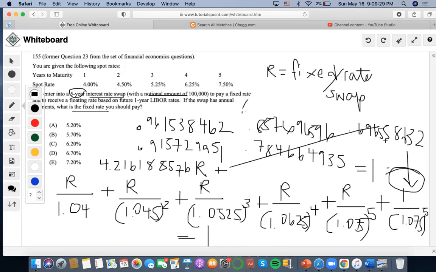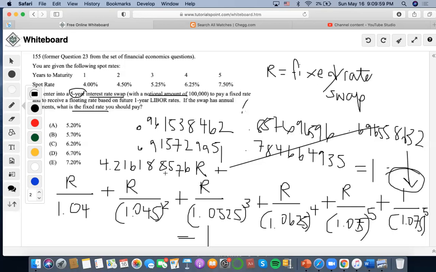Now we can get R by itself. I'm going to move this to the other side. I'm going to do 1 minus 0.696558632.